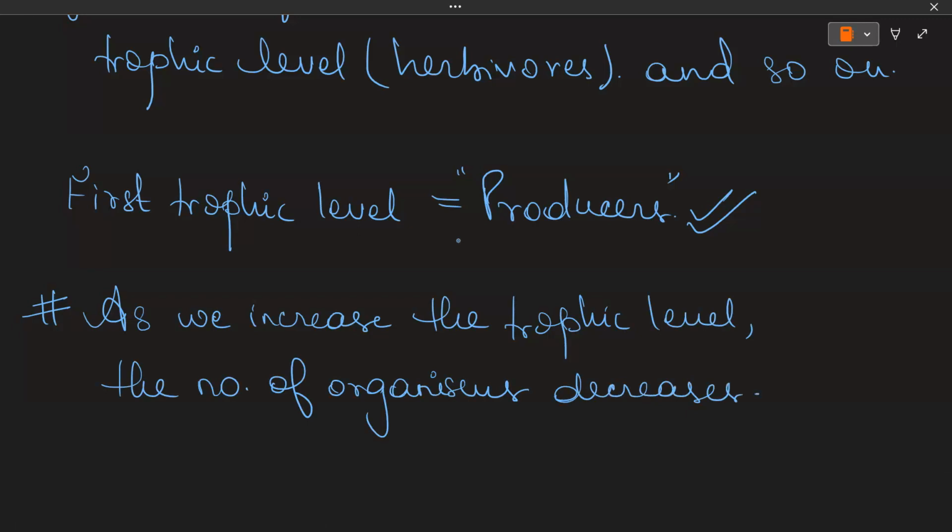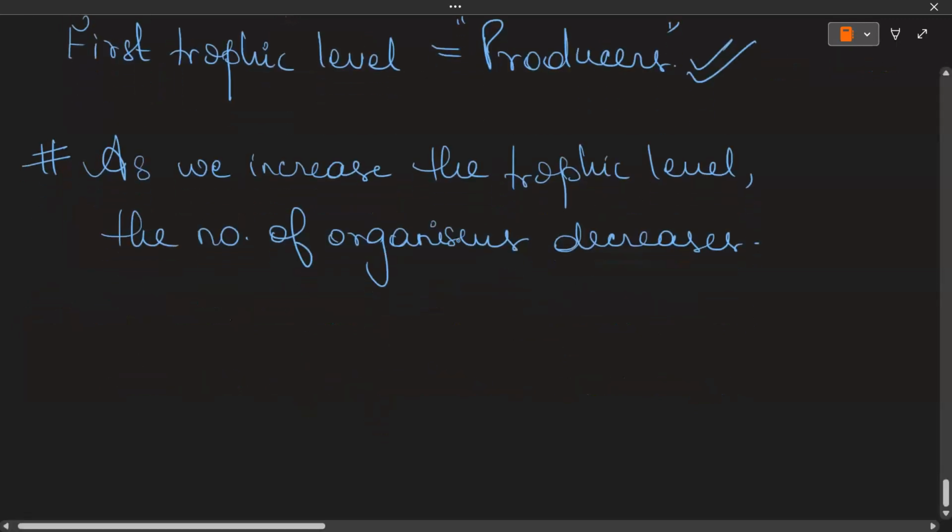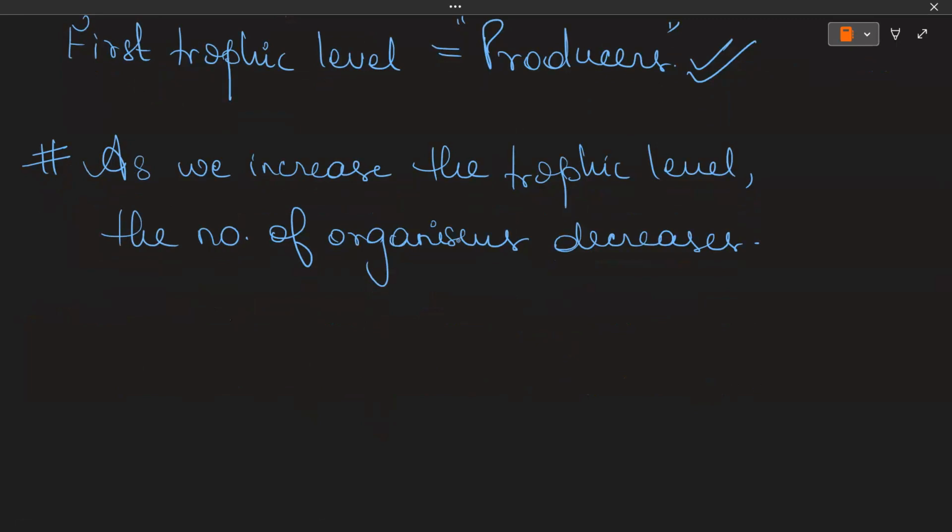All right. Now moving forward, let us see what is the significance of each trophic level. It is just what we discussed right now: if one trophic level is removed or disturbed, it will directly impact the other trophic levels. Any doubts up till now? All right, very good.